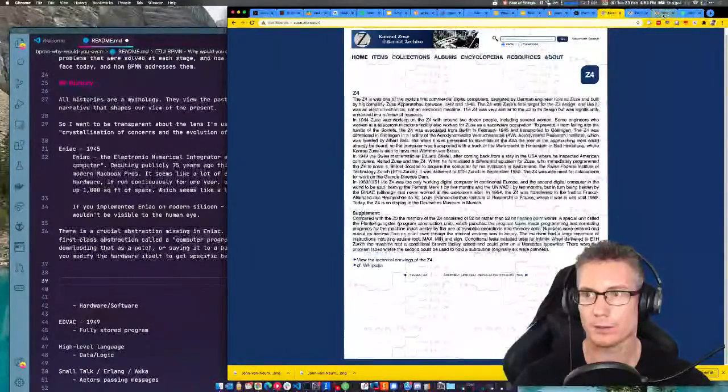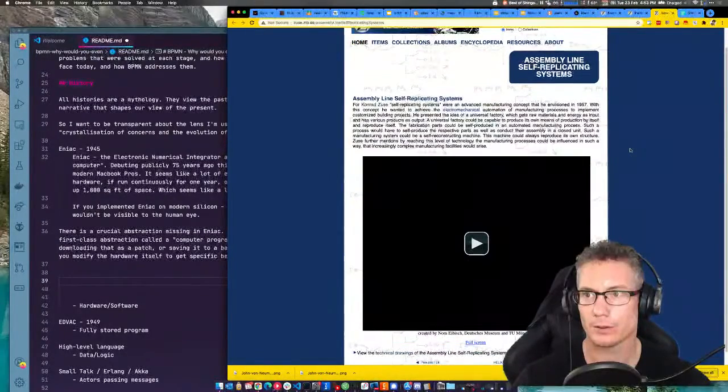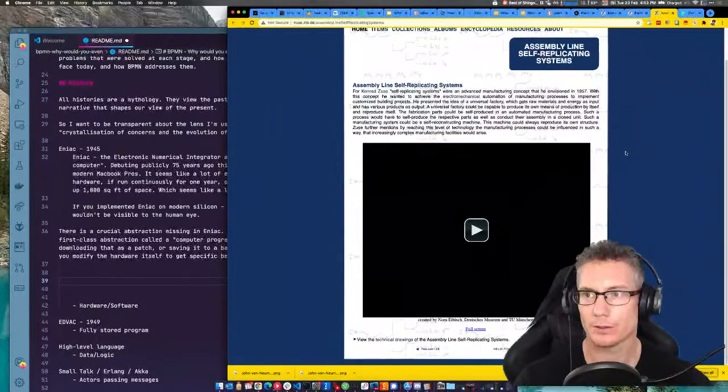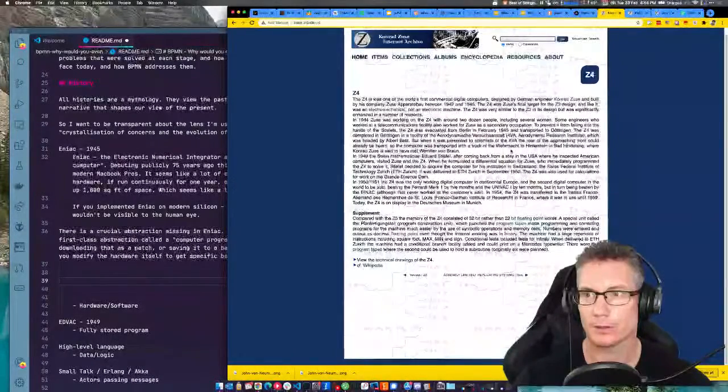Yeah, right, the self-replicating. Advanced manufacturing concept he envisioned in '57. Electromechanical automation of manufacturing processes to implement customized building projects. Universal factory. It's like 3D printing. And it can print its own parts, like more advanced printers.